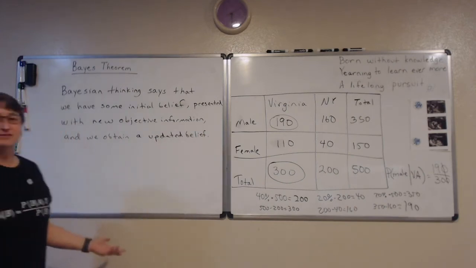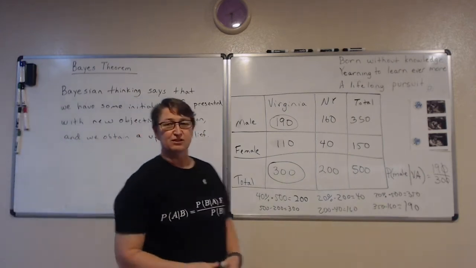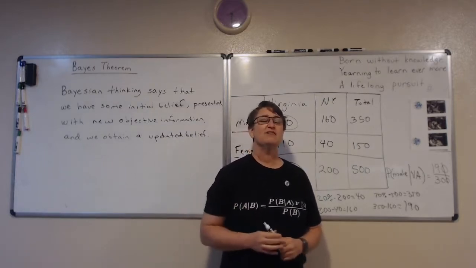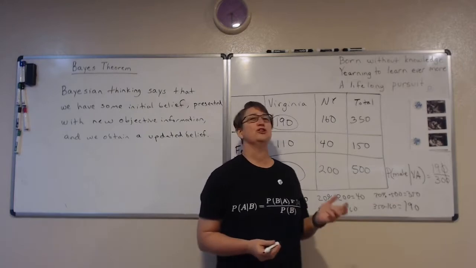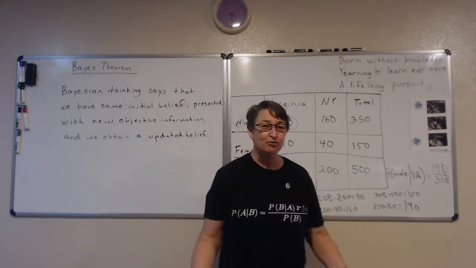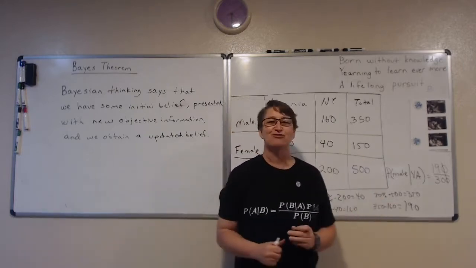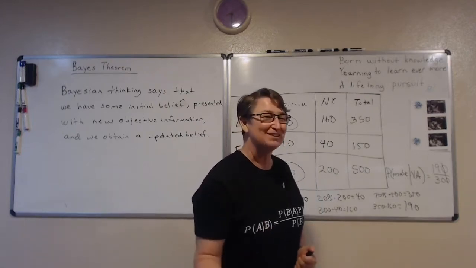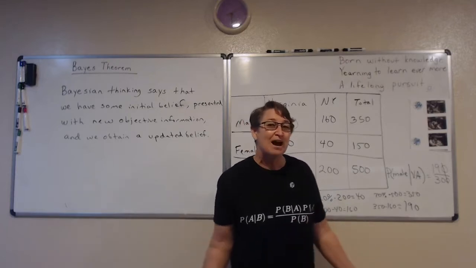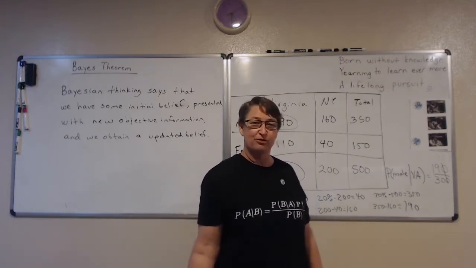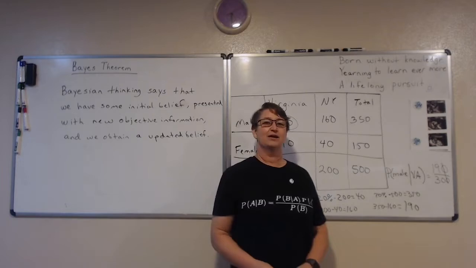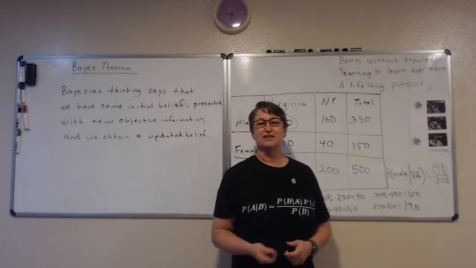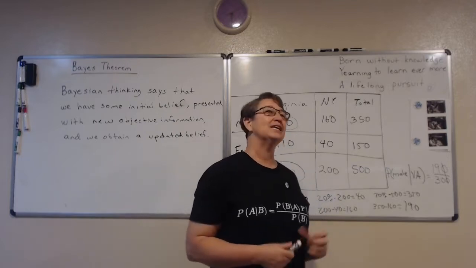Now that happens all the time in life. That's just a constant thing. You walked into your math class and you had this belief that math was hard and awful and you hated math. And then after being in this class, you're like, I love math so much, I think I'm going to take another math class. So you were presented new information and now you have a whole new belief about math, right? Or, a lot of times when we get into college, we're like, I'm going to be an engineer.